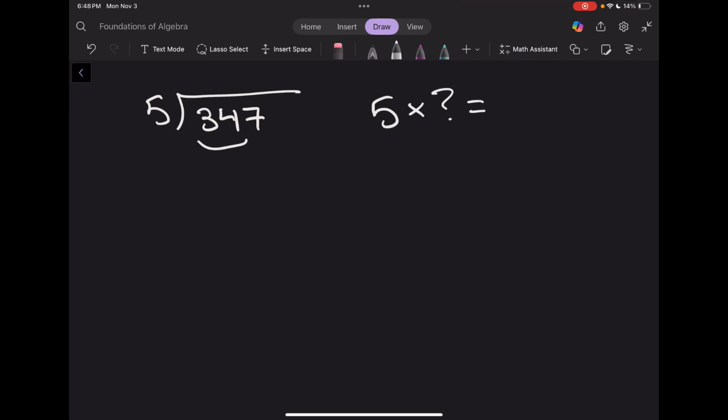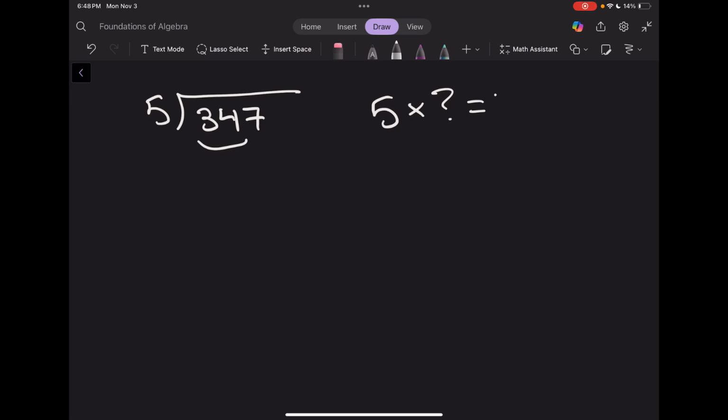Now let's do a problem where we do get a remainder. Alright, so I know 5 can't go into 3, but it can go into 34.